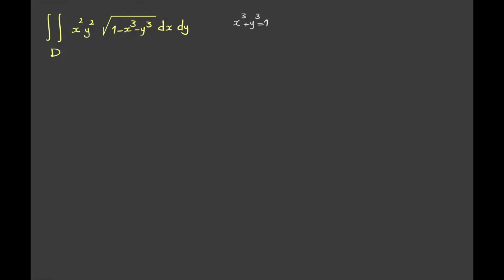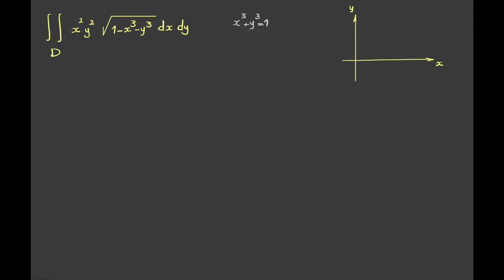Okay, so let us try to sketch a graph of this curve, or at least visualize what it looks like. For this one, I set up a coordinate system. This is the x-axis, and this is my y-axis.